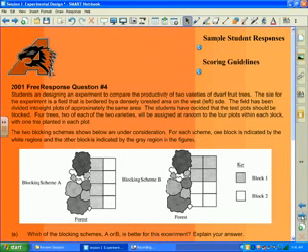Okay. The two blocking schemes shown below are under consideration. For each scheme, one block is indicated by the white regions, and the other block is indicated by the gray regions in the figure. Okay. So the first question, which of the blocking schemes A or B is better for this experiment? Explain your answer.